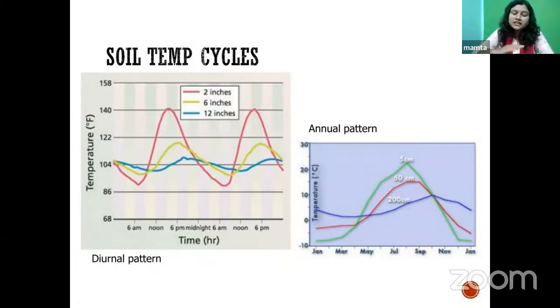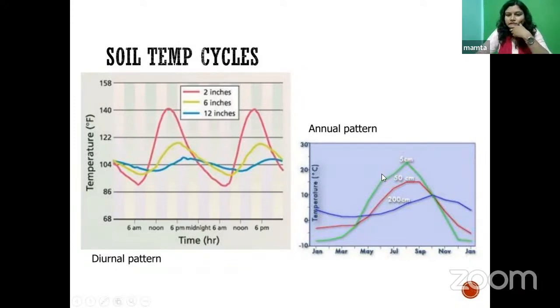Where the solar radiation is coming in higher amount, there the variation will be higher, because whenever it is coming, it will have a high temperature. But when it is not coming, at night or in the winter, it will have a lower temperature. That's why the soil surface has the maximum variation, and in the earth system, the equator has the maximum temperature variations.